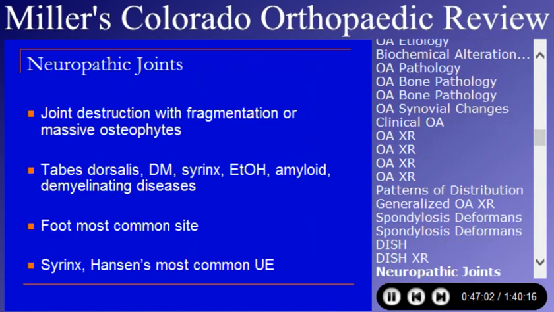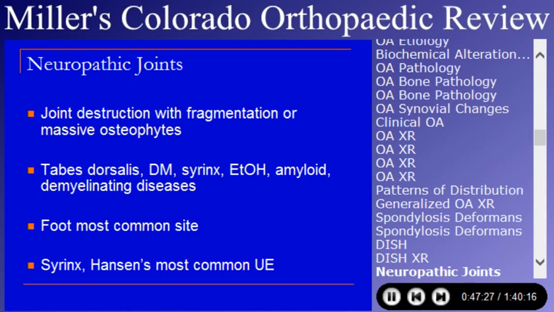Neuropathic joints is something that gets asked all the time and is something that you should expect to bump into. There's joint destruction with marked fragmentation of the bone or massive osteophytes. Classically associated with tabes dorsalis. We don't see much now, but now very commonly associated with diabetes, especially in the foot.